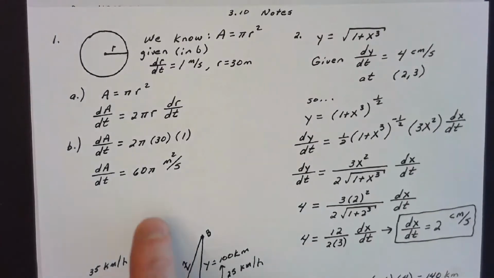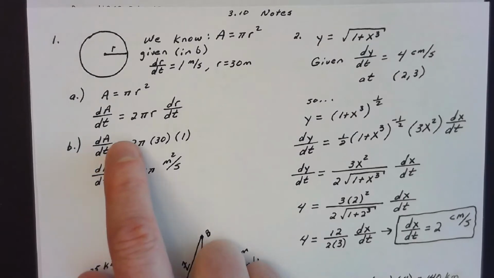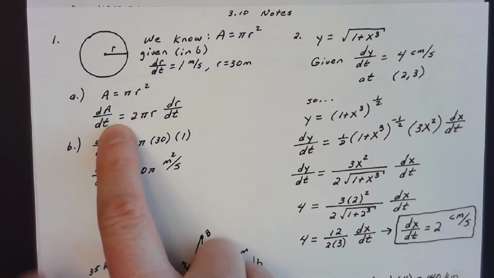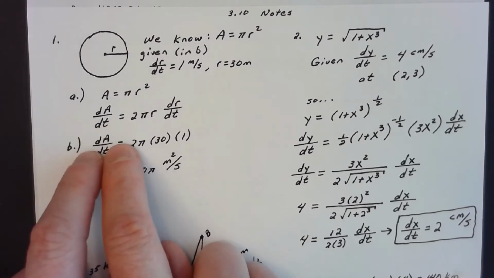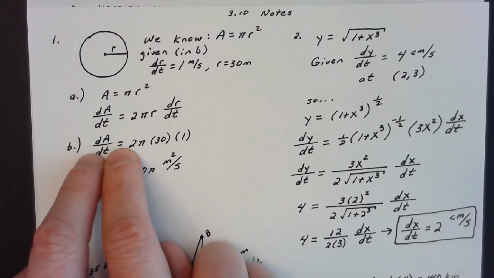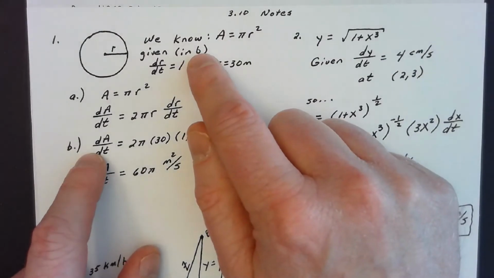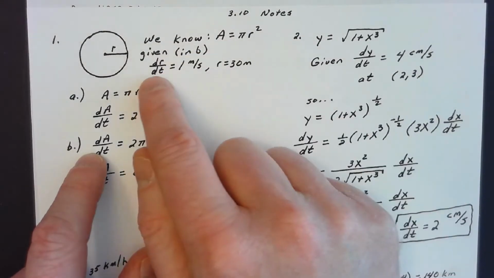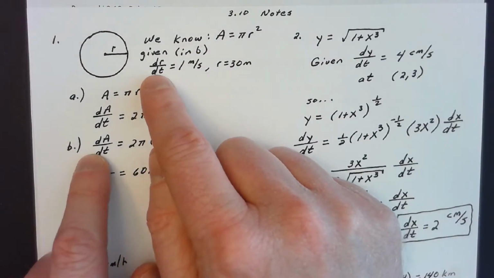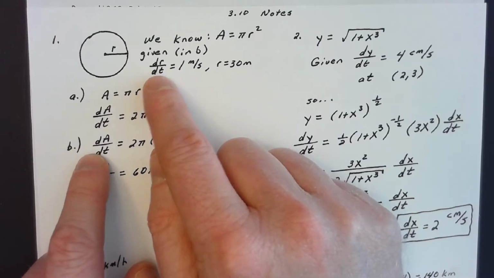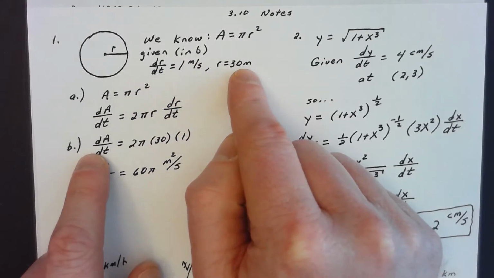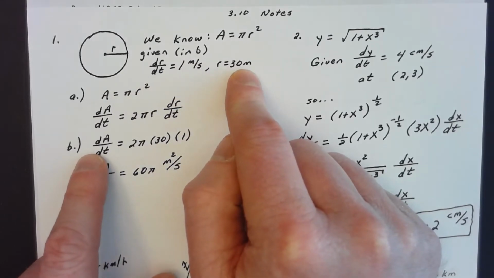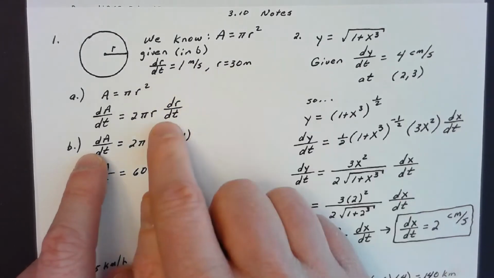Here, all I'm giving you is information to plug in to solve for how fast the area of the oil spill is increasing at a specific time t. What I was given in part B is that the radius of the oil spill was increasing by 1 meter per second when the radius was 30 meters. I just plugged that into my equation.